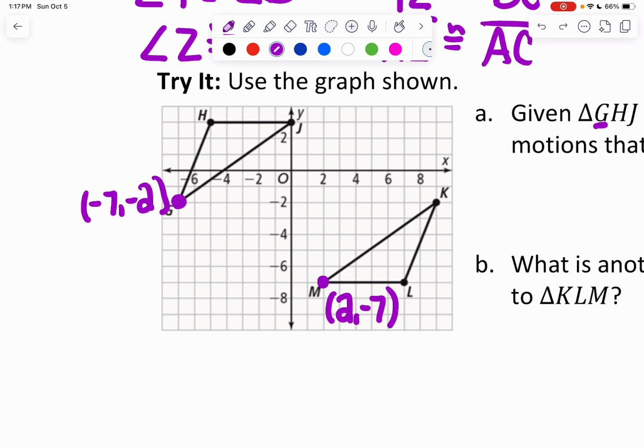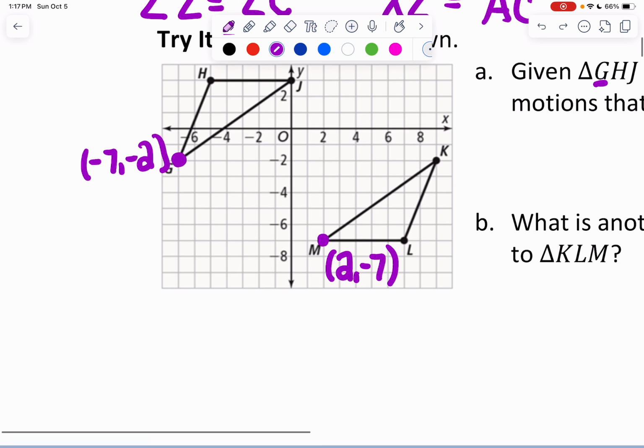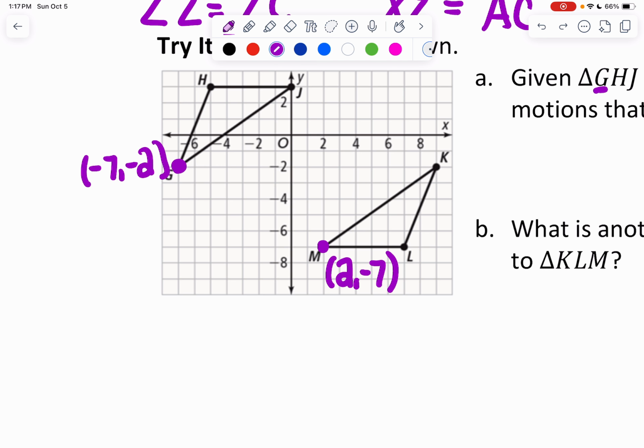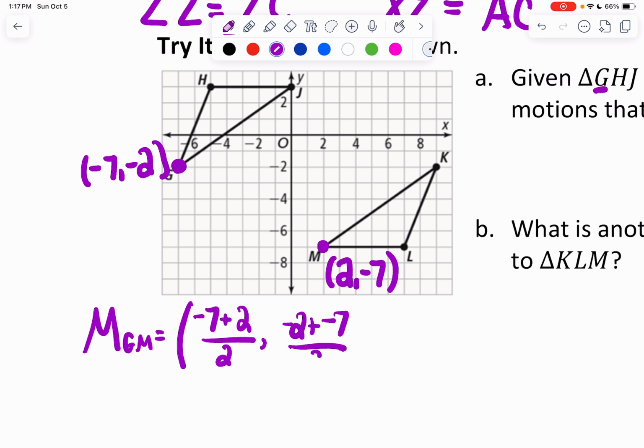So here's what I would start off with first. I need to find the midpoint between these 2 points. So what I'm going to do is the midpoint from G to M. That's going to be negative 7 plus 2 divided by 2, comma, negative 2 plus a negative 7 divided by 2.